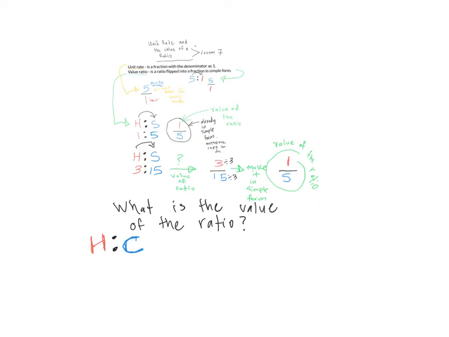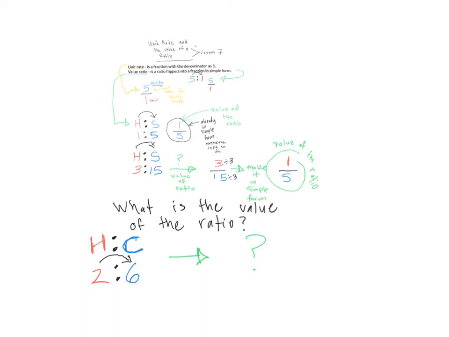So for every 2 hours spent, there were 6 assignments completed. What is the value of that ratio? Go ahead and use your whiteboard to solve for the value of the ratio. You should have flipped it on its side.